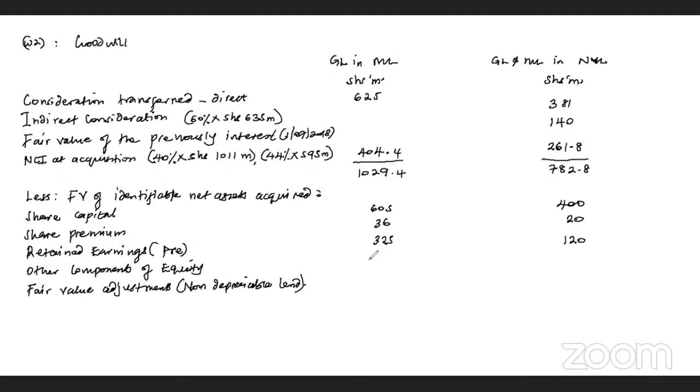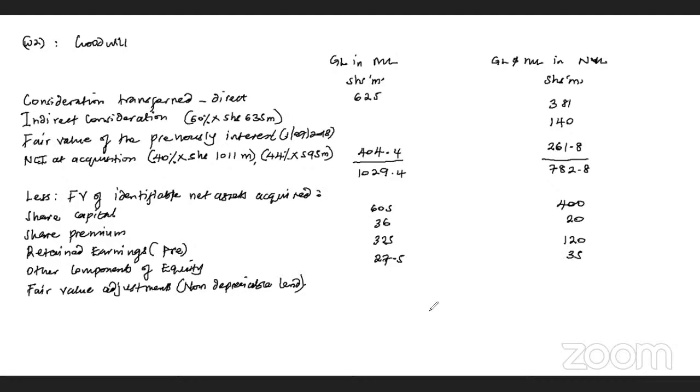Other components of equity, don't use the figures in the balance sheet. Retained earnings, don't use the figures in the balance sheet. Those are the figures as at the reporting date. So for you to get the figures to use when you're computing goodwill, check the additional information. So other components of equity, we have 27.5 for ML. Then NUL, you have 35.